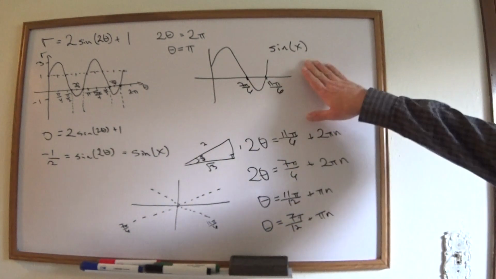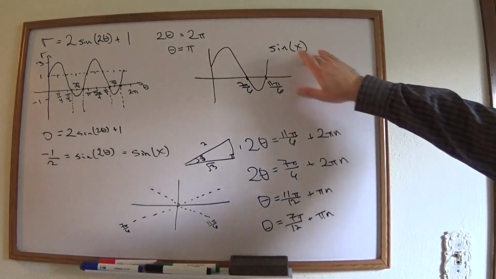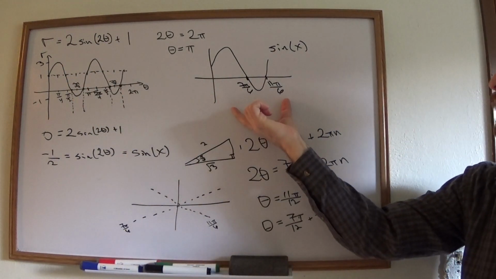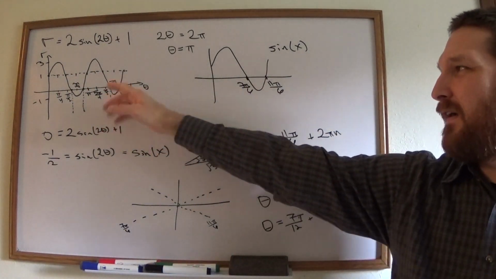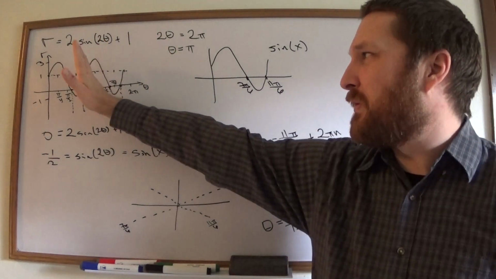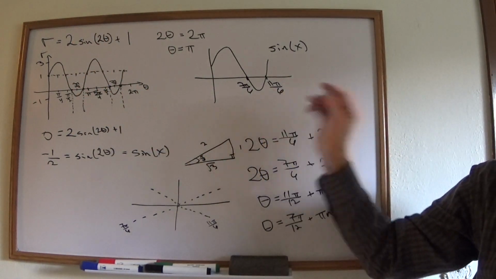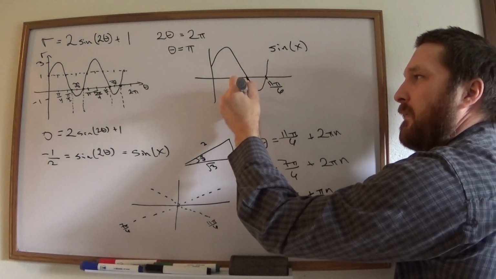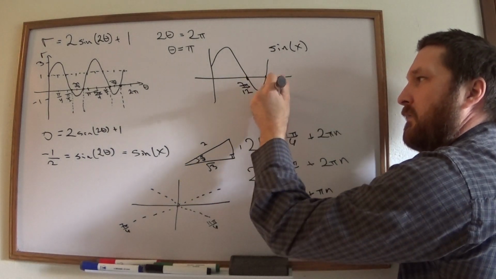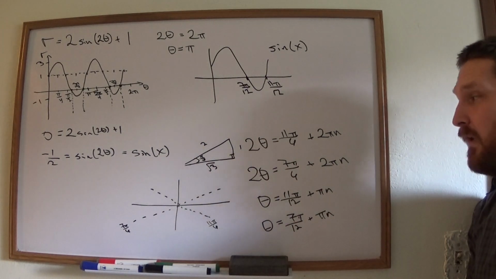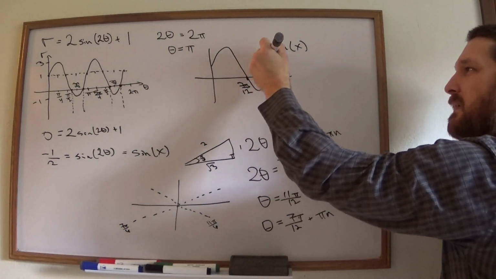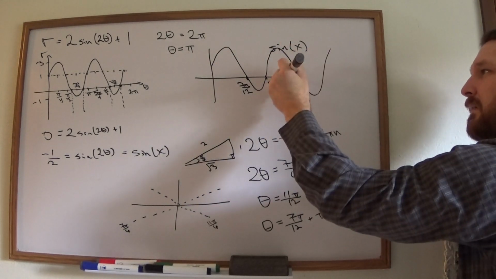But then what did we do here? How did we find all these? We just divided everybody by 2. You get those 2 points, divide them by 2, and you end up with the 7 pi over 12 and 11 pi over 12, which are the 2 that we found. But we also would have ended up with the other ones, because this keeps going, like this.